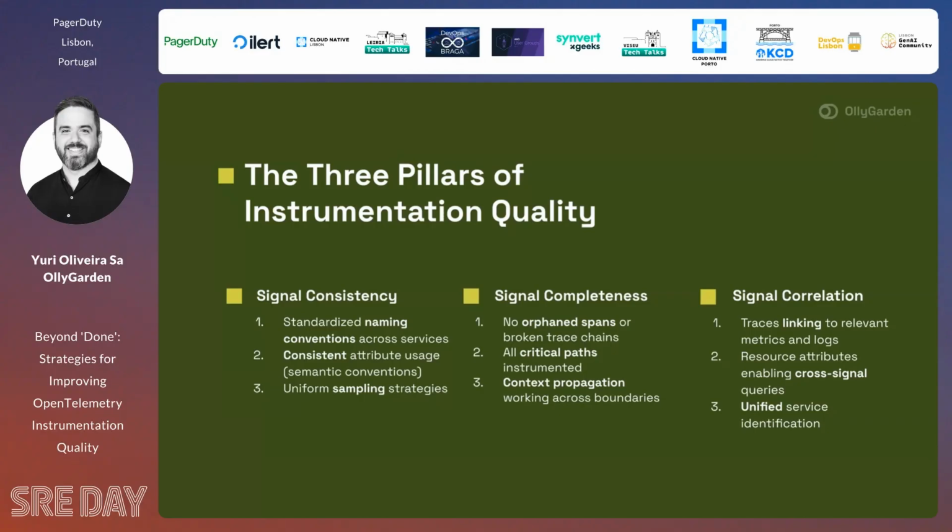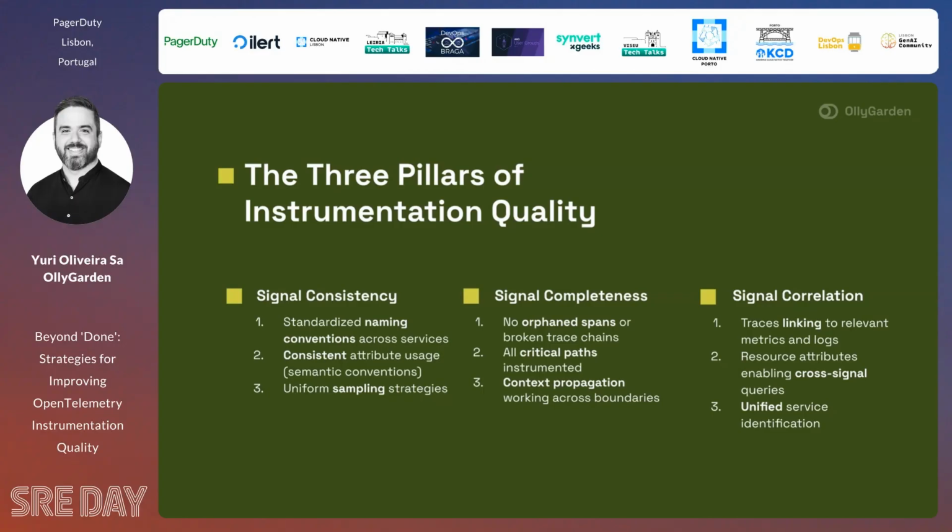If you have many squads, 3, 4, 5, 6, whatever, please ensure squad 1 is using the organization attribute, squad 2 is using the same organization attribute, and squad 3, and so on. Also the sampling strategies. If you use traces, do tail sampling if it's possible, because you don't need to send 100% of your traces, because I'm quite sure it will cost you a lot.